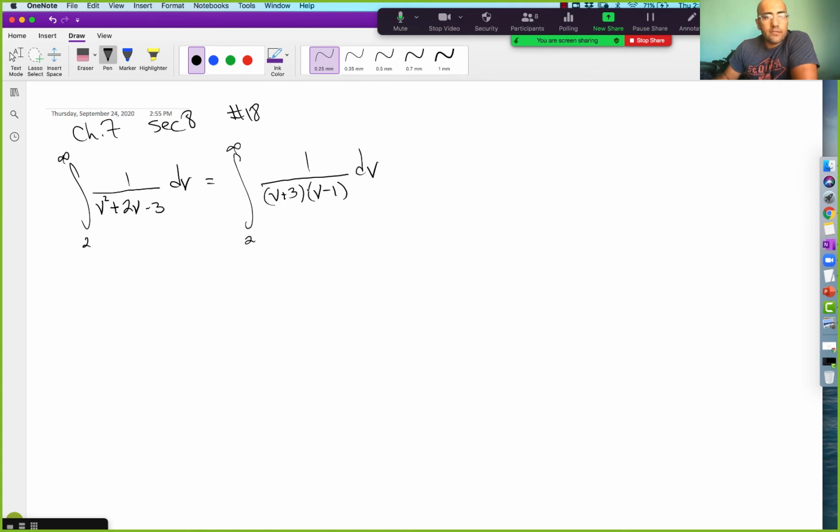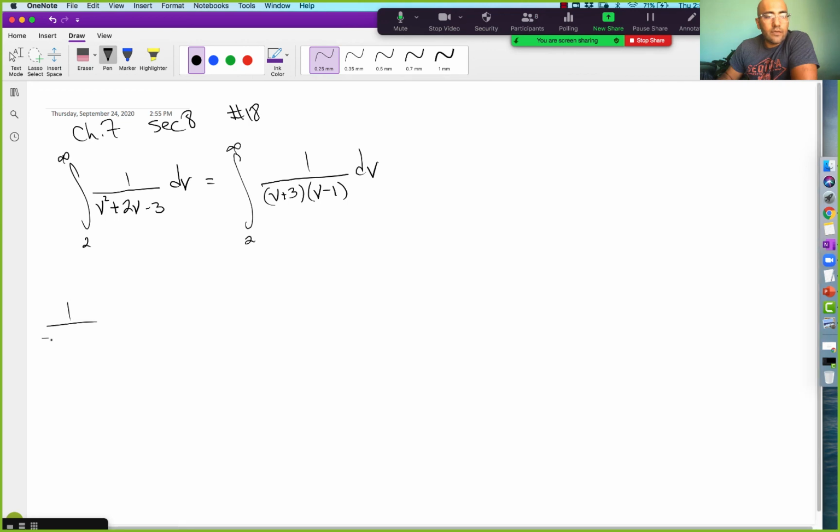Right, so guessing and checking here, yep, that gives me that. And then we have problems here when v equals -3. Luckily, that's not a problem since I'm integrating from 2 to infinity. But also we have another problem here at 1, right? Yes, so this function has vertical asymptotes at v equals -3 and v equals positive 1.